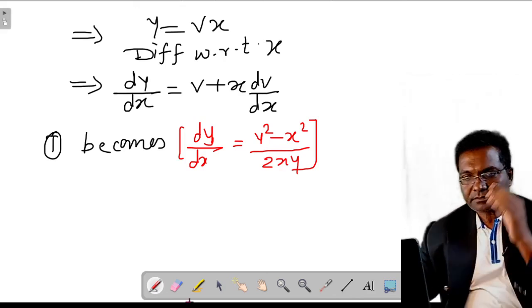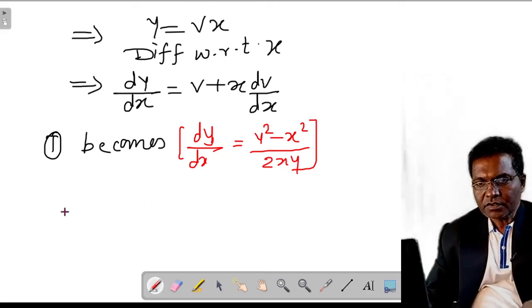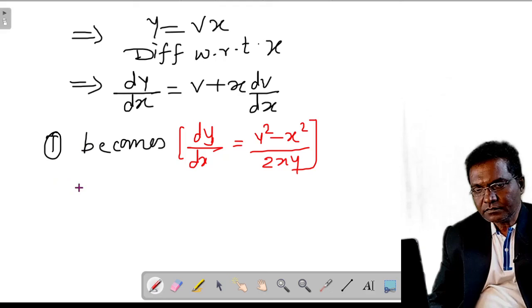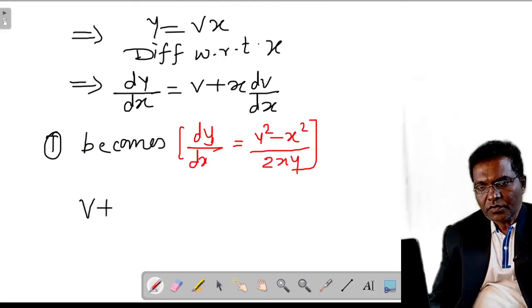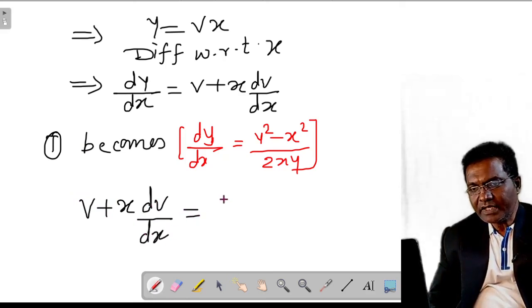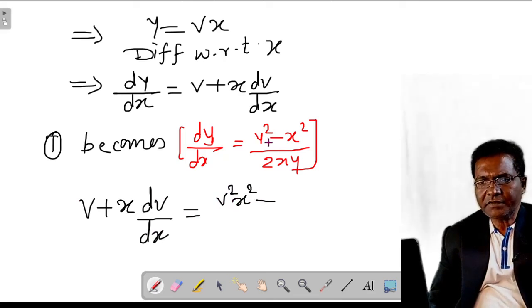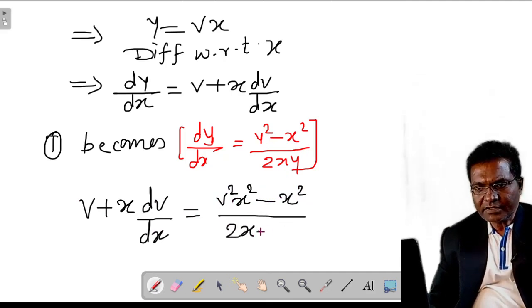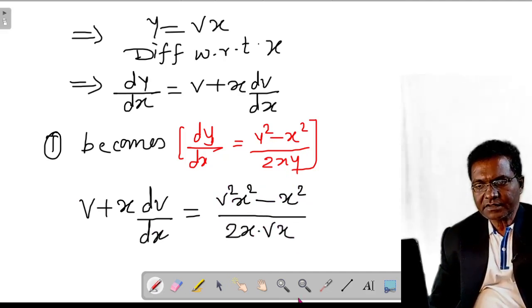Okay, so what will we get? V plus x dv by dx is equals to y square means v square x square. Okay, because y is vx, x square as it is, divided by 2x into y is vx.